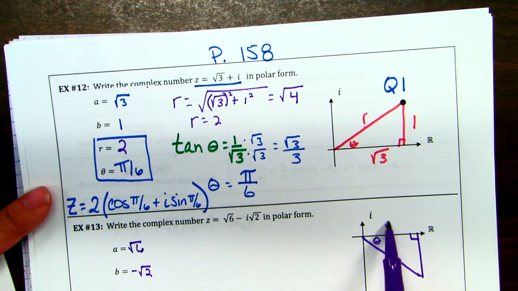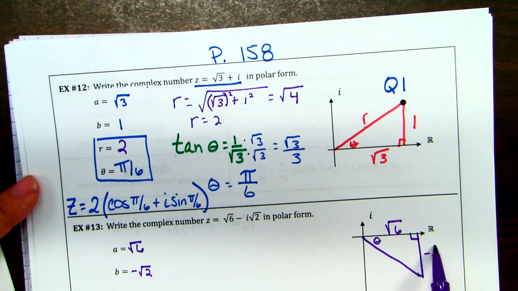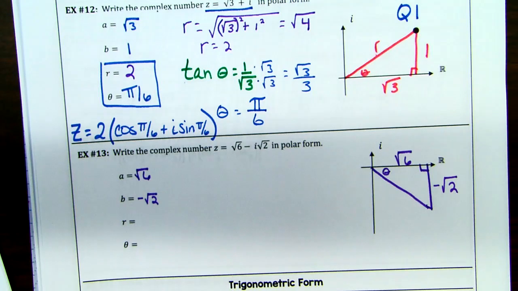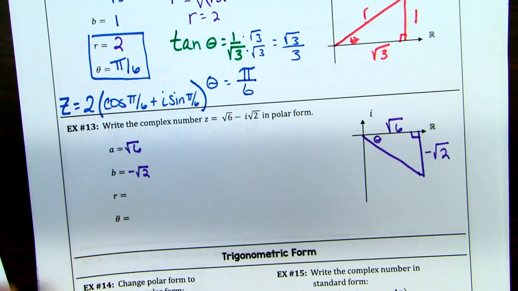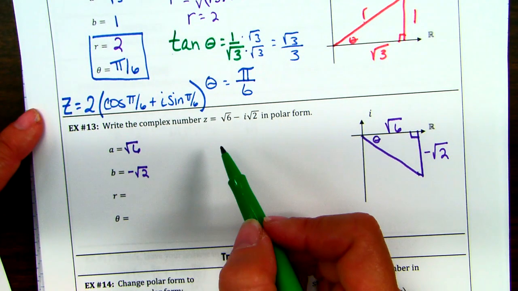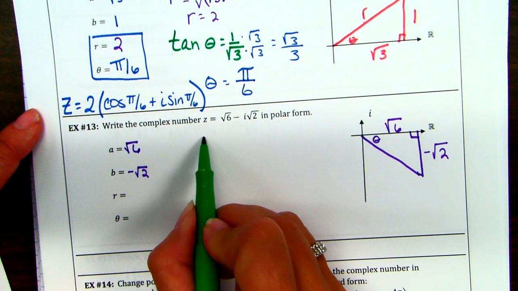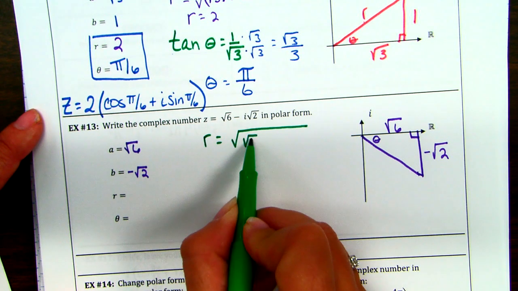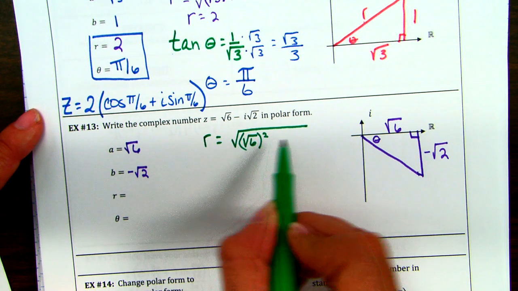To the right, the square root of 6, whatever that is, down square root of 2. And now I need the radius, or the hypotenuse, or whatever. R equals square root of 6 squared.